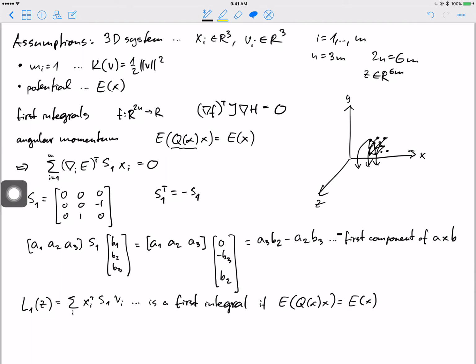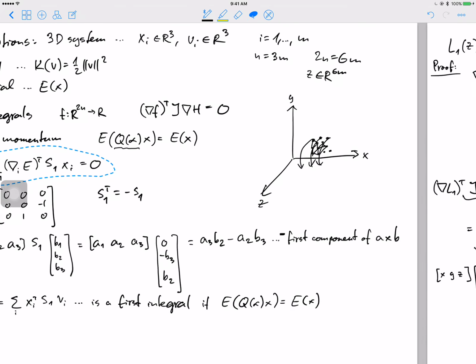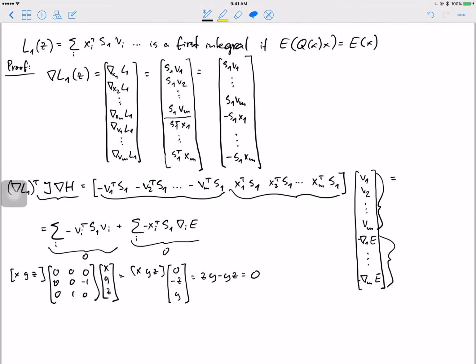But let me at least copy this here and paste it here. And if you look at it, it's just a transposition away from this term, right?